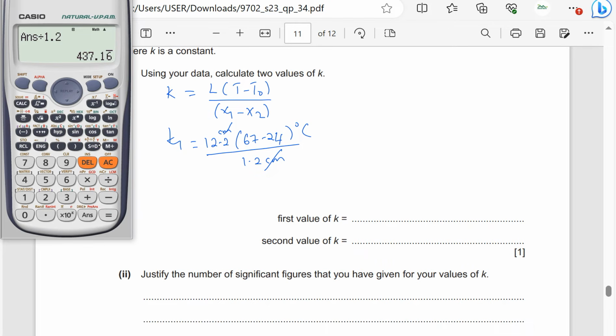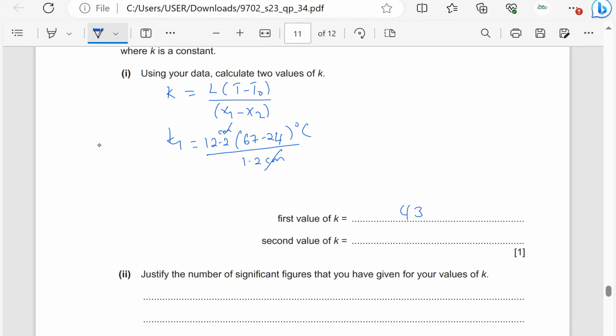I'll just record 437, or you can even record 440, depending on what you want, because the smallest number of significant figures is 2, so the answer can have 2 significant figures or more, but not less than 2. You can record 437 or 440, but not 400.